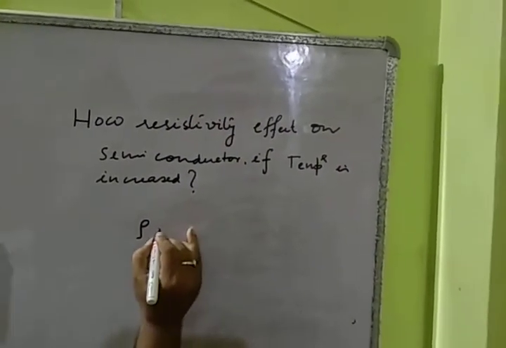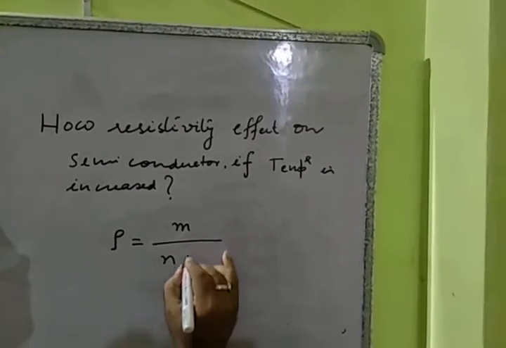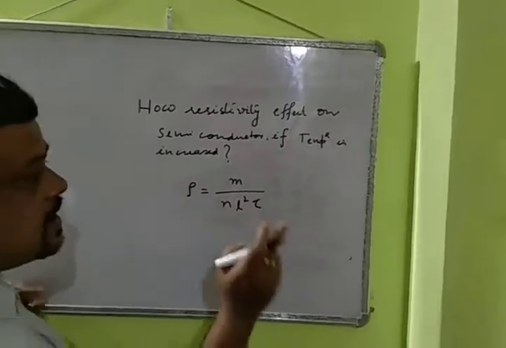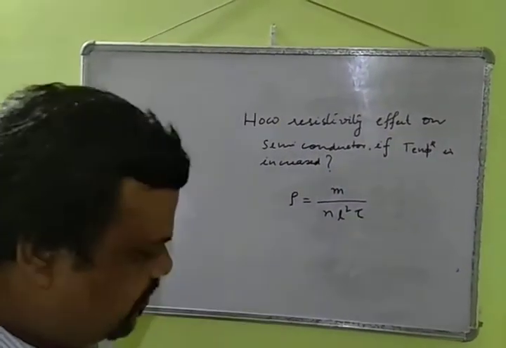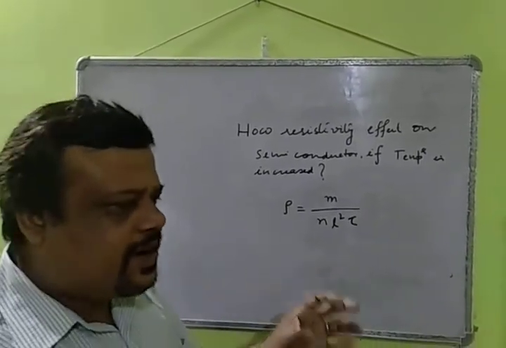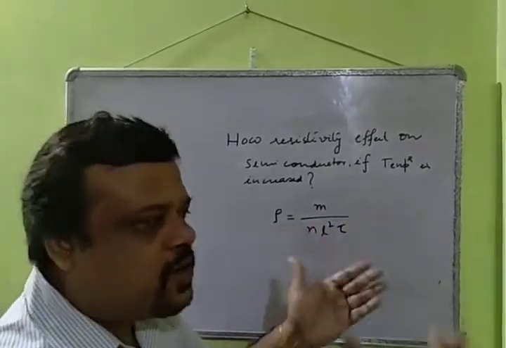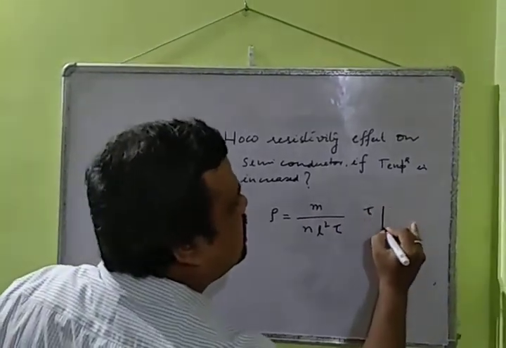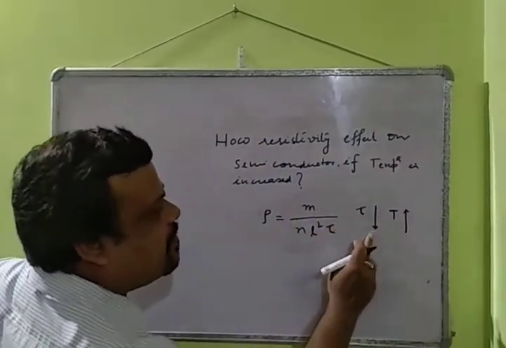Rho is the resistivity, rho is equal to m by n e square tau, and this tau is known as relaxation time. What is relaxation time? It is the time gap between two consecutive collisions, because electrons, charged particles, will collide with each other. If temperature increases, the rate of collision will increase. If the rate of collision increases, tau has to decrease. If temperature is increased, relaxation time will decrease.